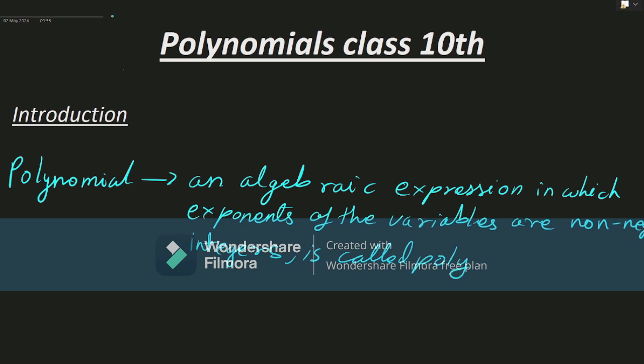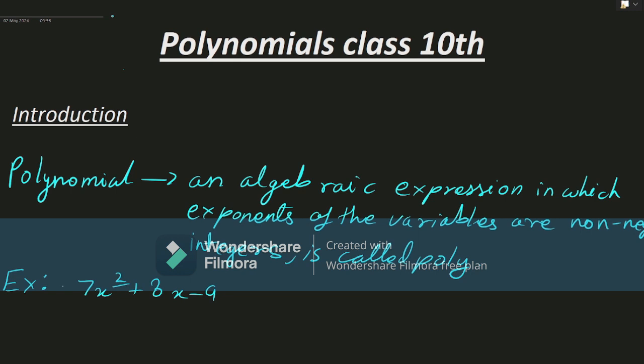Okay, so for example, we have 7x square plus 8x minus 9. It is a polynomial because it is a polynomial in the variable x, and its powers are non-negative. That's why this is a polynomial.